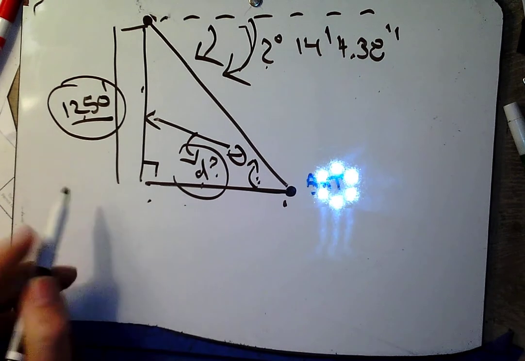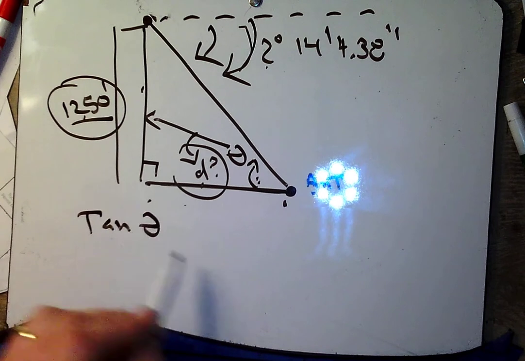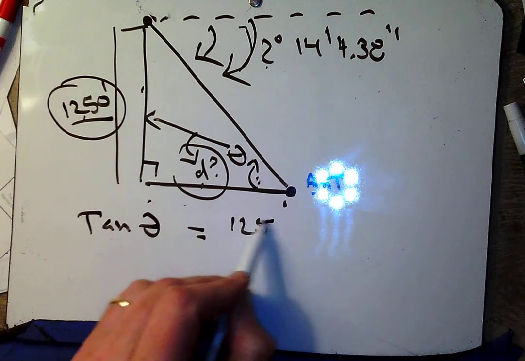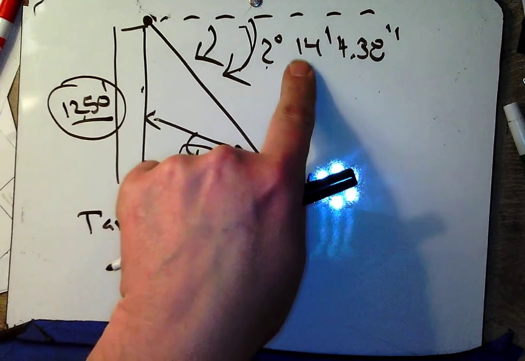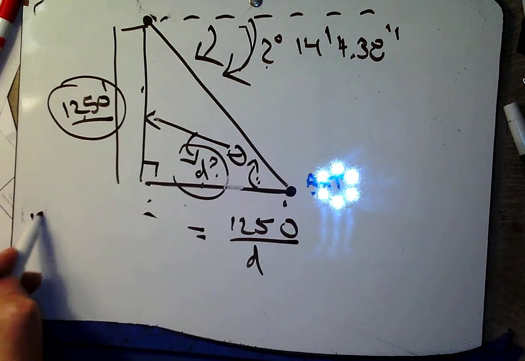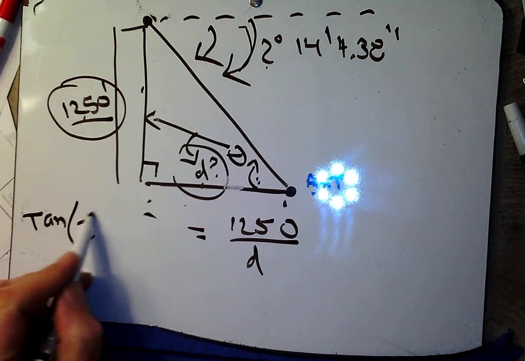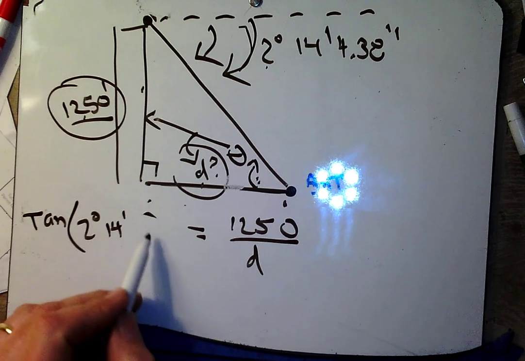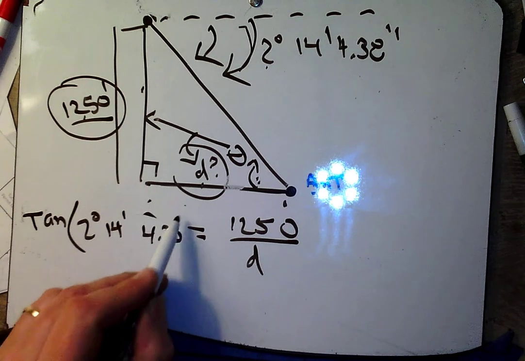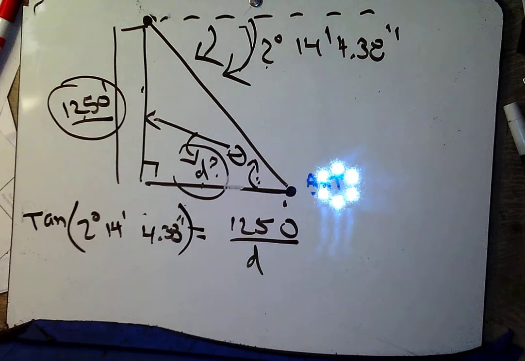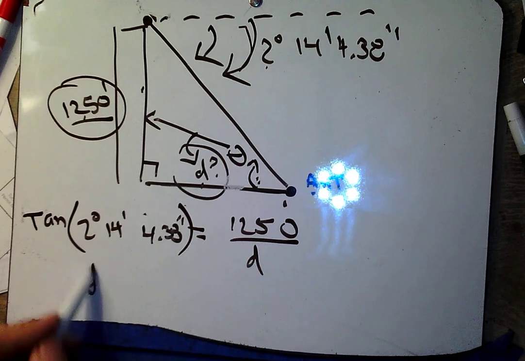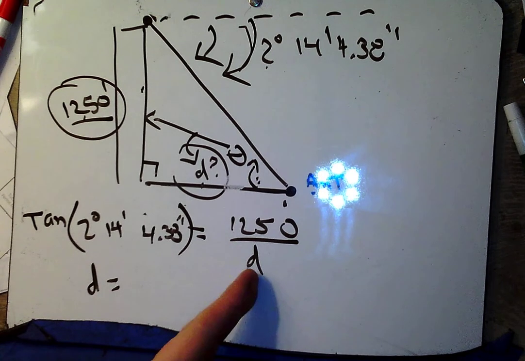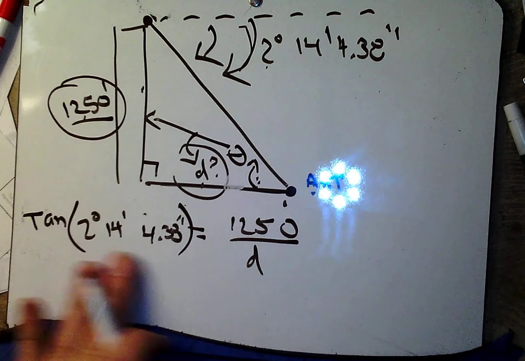So I can say that the tangent of theta is 1250 over d. Now we know theta, that's this angle. So I want the tangent of 2 degrees, 14 minutes, and 4.38 seconds. Cool. Oh, but wait. I want this to say d equals. D's on the bottom. No bueno.